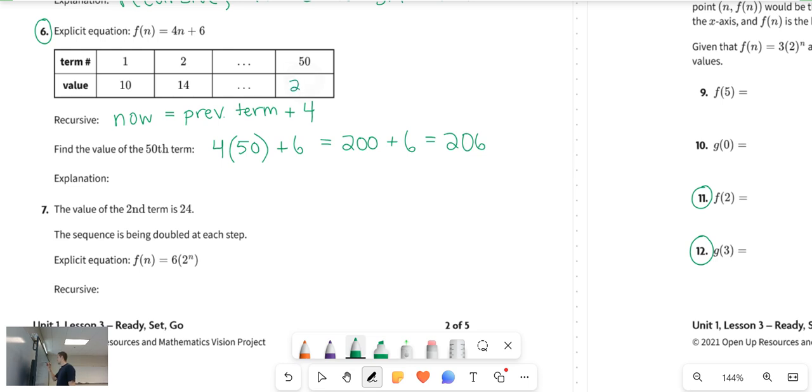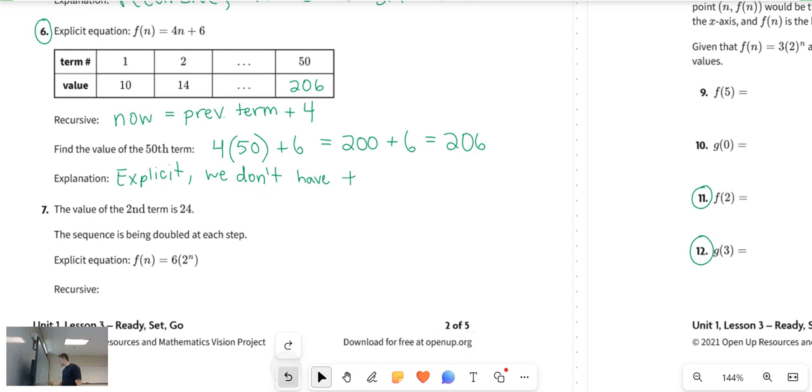So you should be able to fill that in here, 206. And now, the explanation. So we want to use the explicit because we don't have the 49th term.